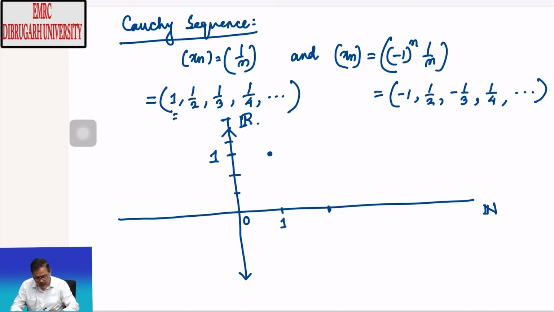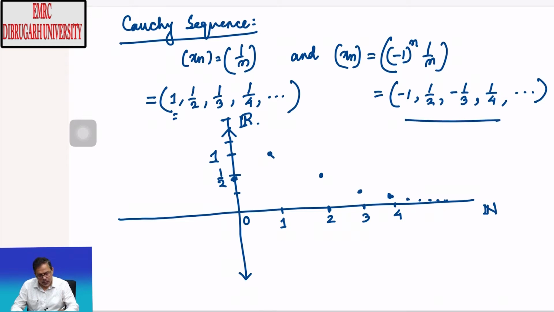At 2 it takes the value half. At 3 it takes the value 1 by 3. At 4 it will take the value 1 by 4, and so you can see the sequence is somehow going like this.